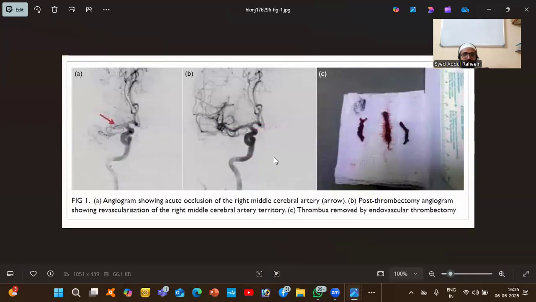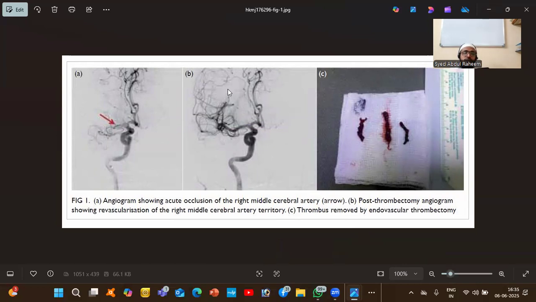This is one image in that post. This angiogram shows acute occlusion of the right mid cerebral artery. So this is the right mid cerebral artery, and the occlusion, the clot, is there. Next is post thrombectomy.